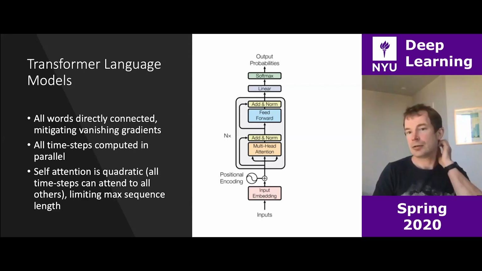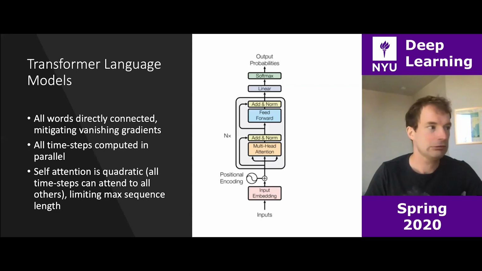Okay, so why are these models so good? Why does everyone use them? I think the really powerful thing about the model is that it gives you direct connections between every pair of words. Each word can directly access the hidden state of every previous word. That's in contrast to the convolutional model, which could maybe get to the state of all the words in its receptive field, but nothing further back in time than that.